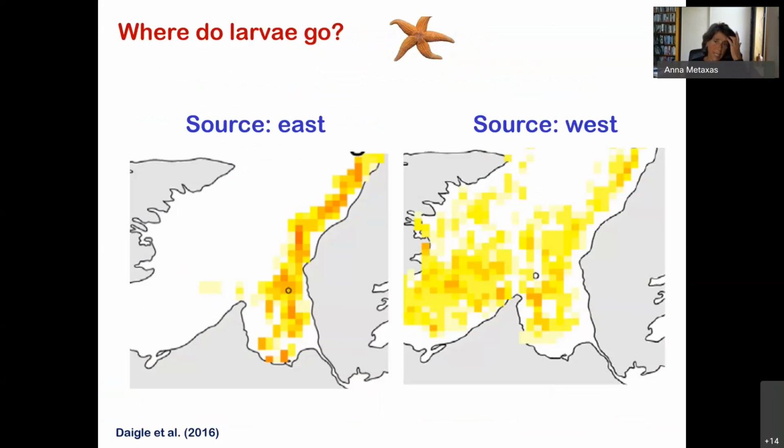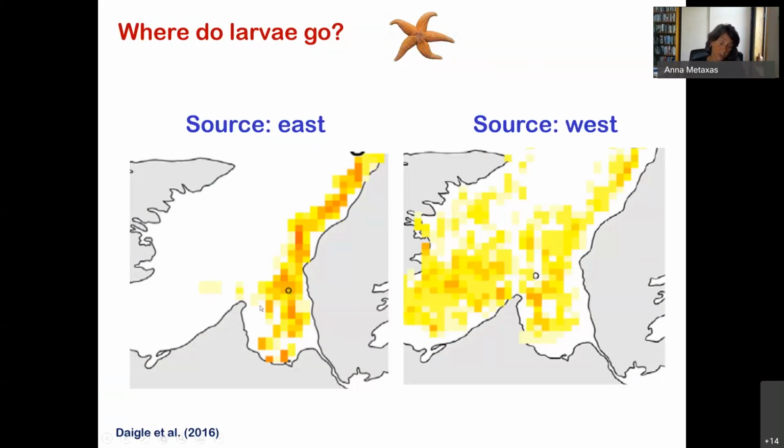In this particular example, in the same area, this is larvae for the sea star. Here the larvae are released from an east point on this bay. Darker colors indicate that more larvae are found in those locations. When larvae are released from this location, they hug the coast, go around Cape Breton, and then disappear off into the Atlantic Ocean.